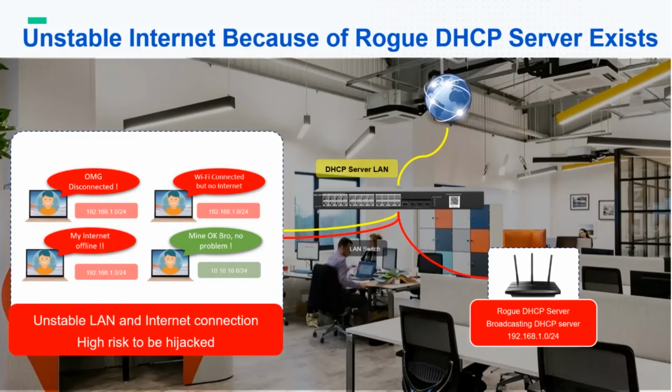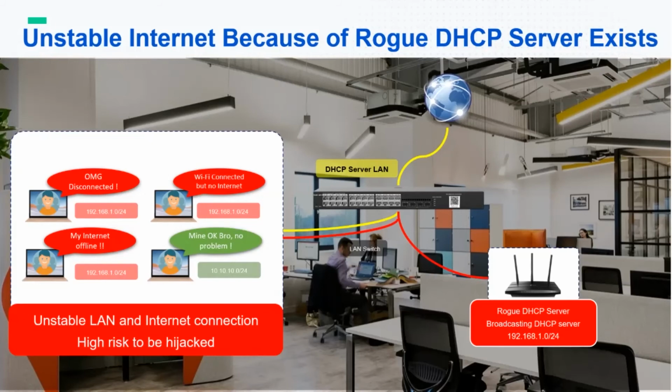For example, you can see the photo on the left here. One day, suddenly some people cannot access the network, but some other people can access it normally. And you find that for the people who can access normally, the IP addresses are correct, but for other people, the IP addresses are not correct.